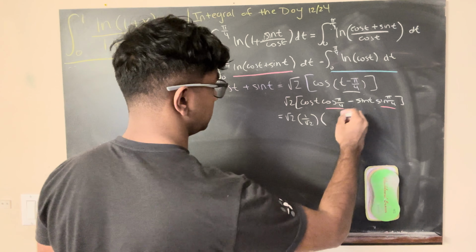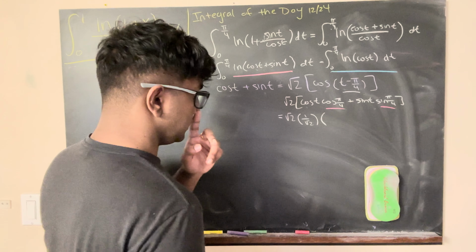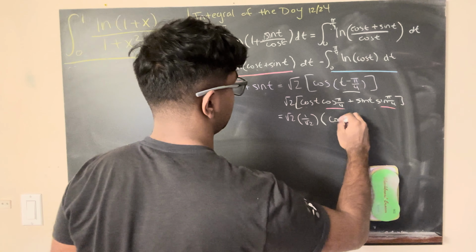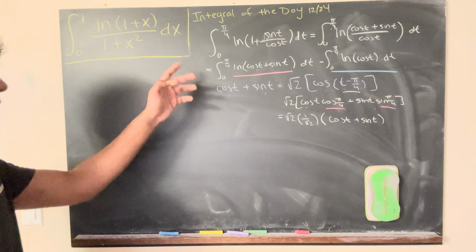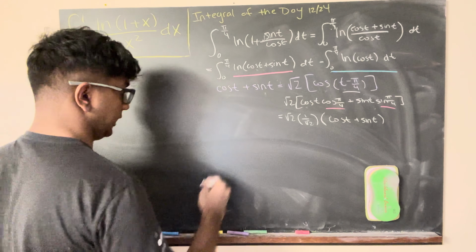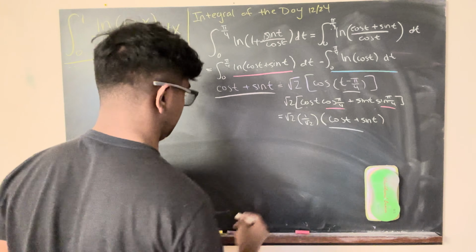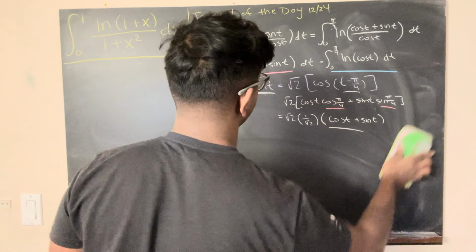Cosine t minus, this should be plus, cosine t plus sine t is left. And this matches our original expression. So this identity is correct, and we can use it now.